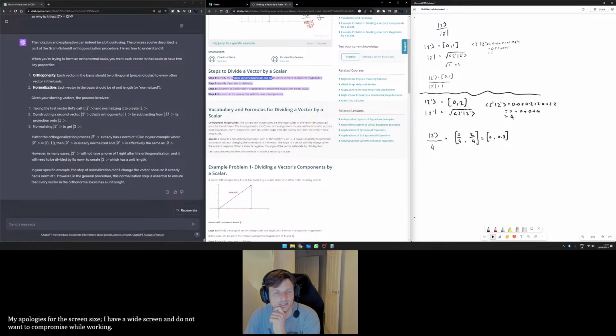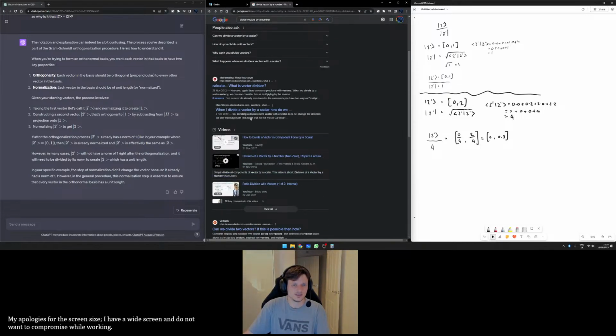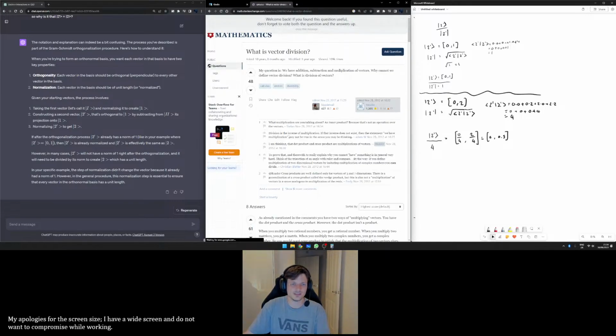Identify the original vector's magnitude and angle, or the vector's component magnitudes. Who are they writing this for? Identify the original vector's magnitude and angle. Angle to what? Terrible. What is vector division?